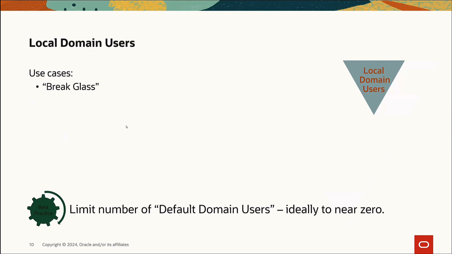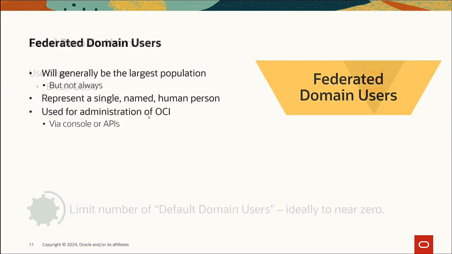So in case your federation breaks, then you have a break glass user that you can use to log into the tenancy. The federated domain users, like we mentioned here, will be the largest population in your user space, and they will represent a single named human person. They obviously can be used for administration of OCI via the console or APIs.